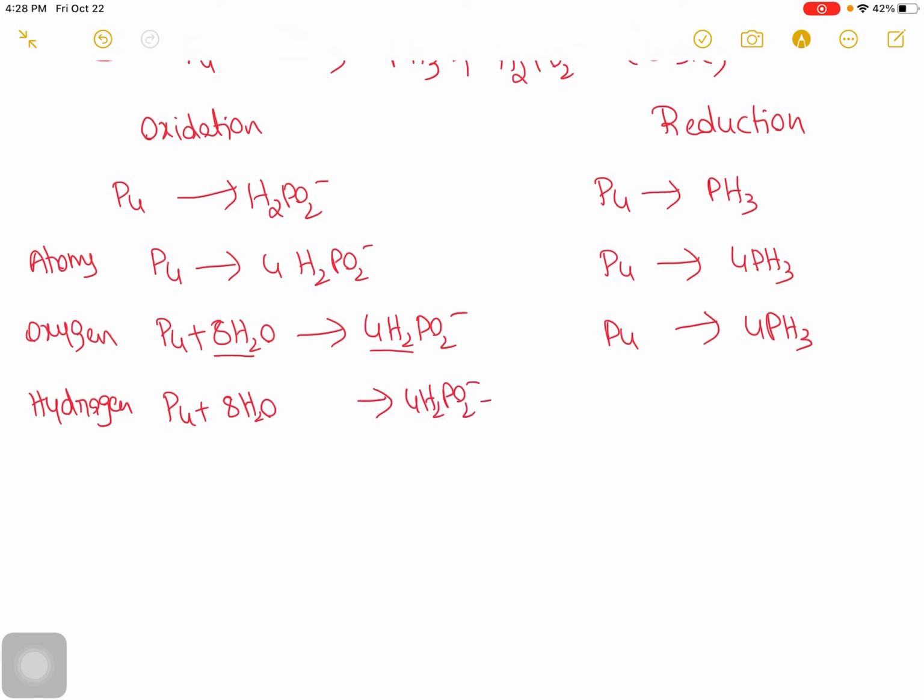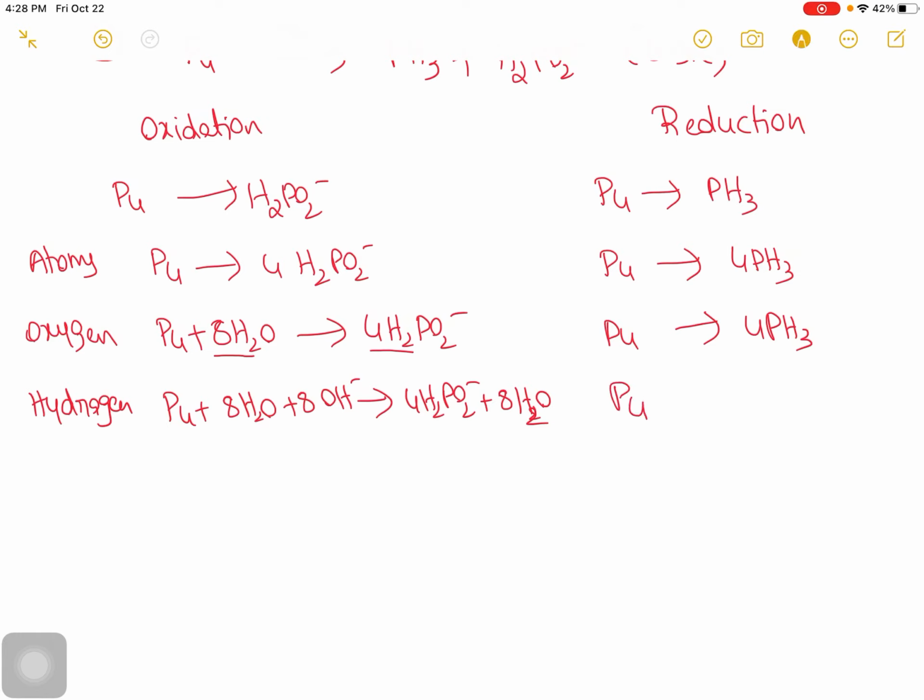According to acidic medium we would add 8H plus, but this is basic medium, so we need to add 8H2O, and on the opposite side the same number of OH minus, 8 OH minus.